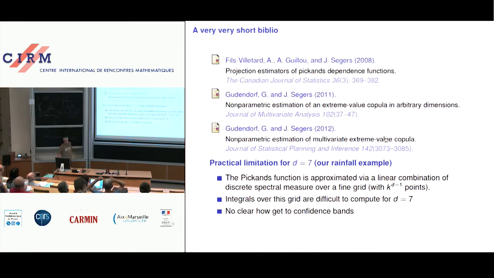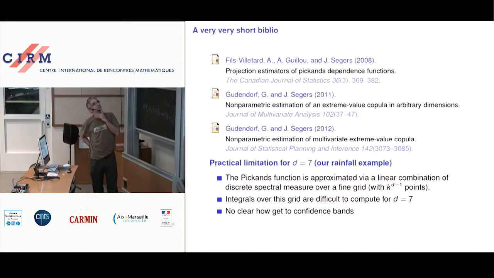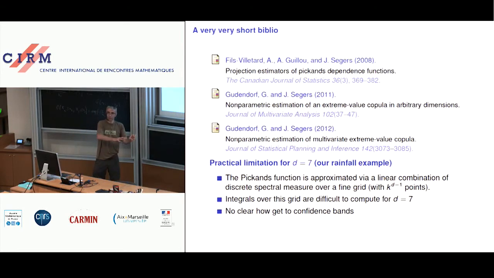In fact, there are some people in the room here who have worked on this issue. For example, Armel worked with Amélie on this in 2008 with Johan. And Johan also worked with Gordon on this question of how to project an estimator to make it obey the 3 constraints.